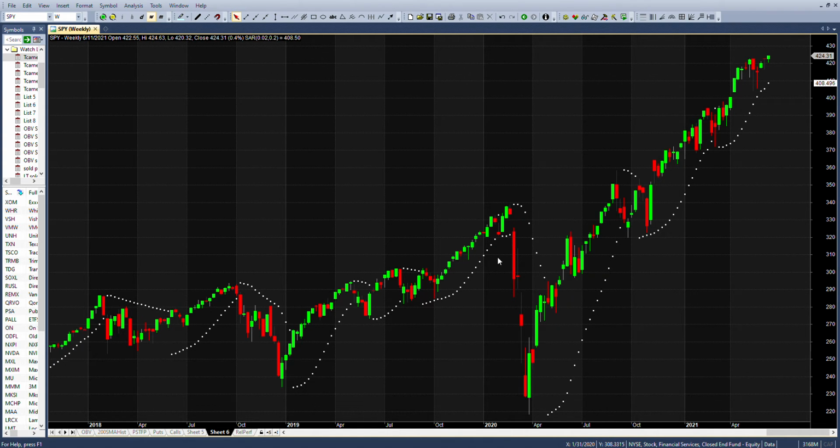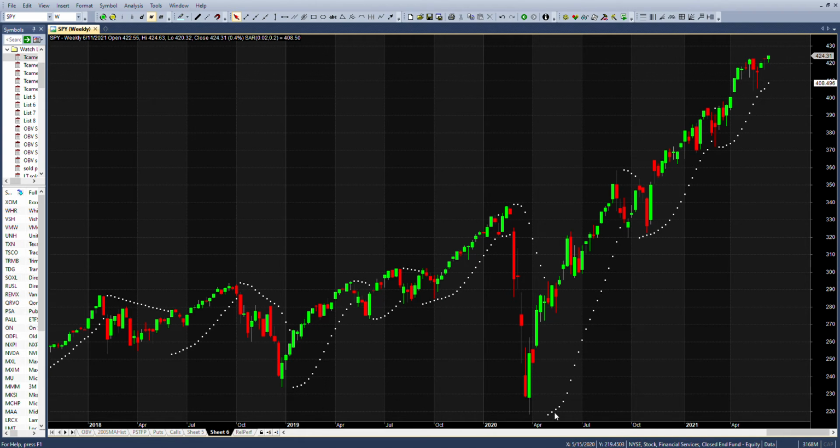We'll zoom in and start here with the pandemic crash. You can see right here on February 21st, my SAR stop and reverse indicator was at 321.43, and the week of February 28th, the price closed at 296.26, giving me a signal to get out of the market and stay in cash.